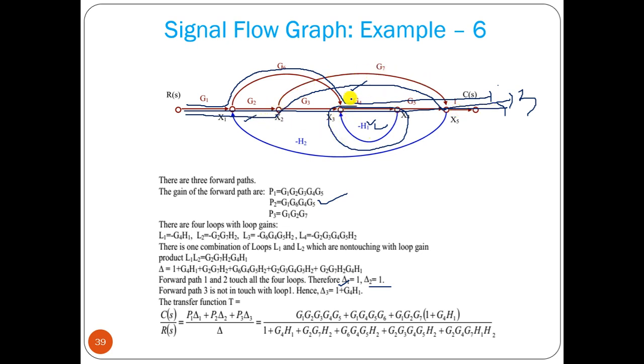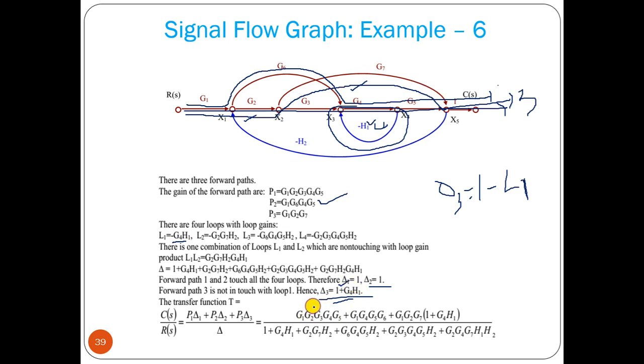This loop is not touching with that forward path. So delta 3 should be equal to 1 minus that loop, that is L1 loop. L1 is this one, minus G4 H1. So L1 value is minus G4 H1, so it becomes plus. So this value is 1 plus G4 H1.